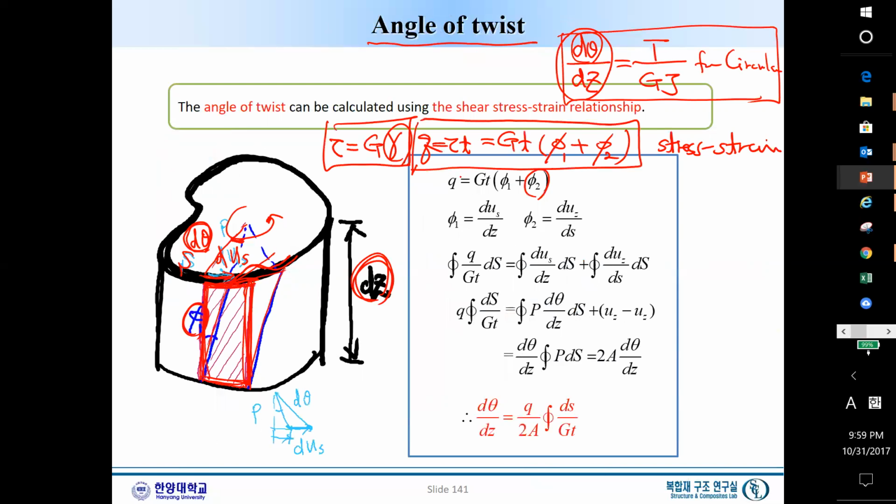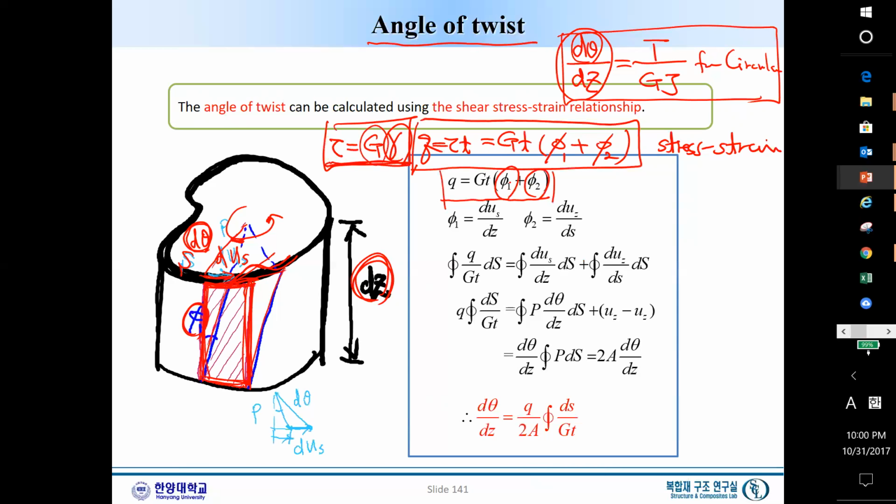So this one, Q equals G t times (P1 plus P2). Please, this form looks a little different, but this is basically nothing but shear stress and shear strain. This is the shear modulus.